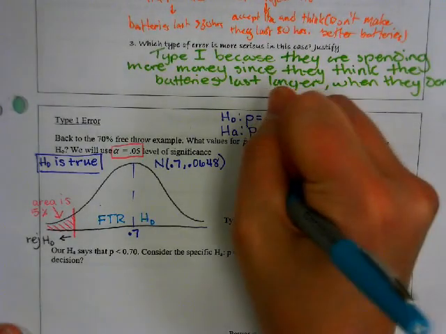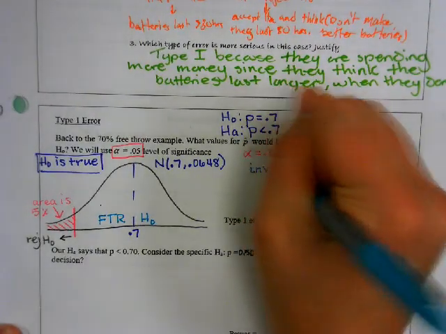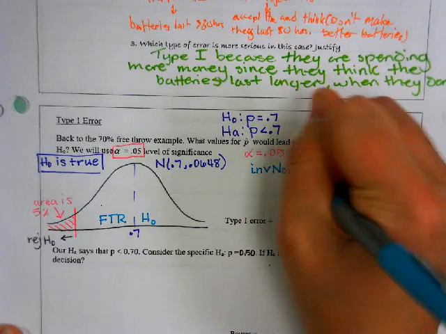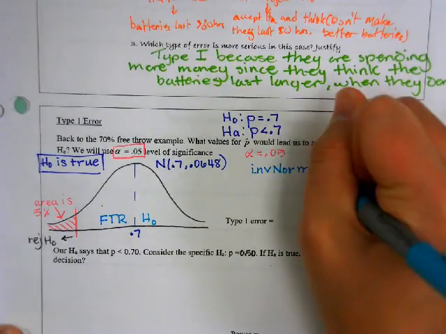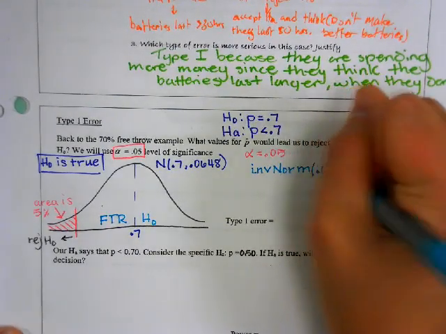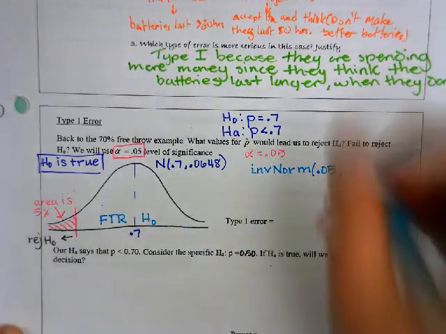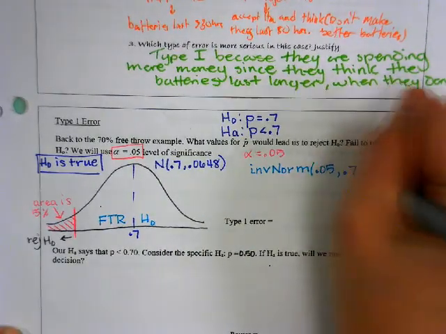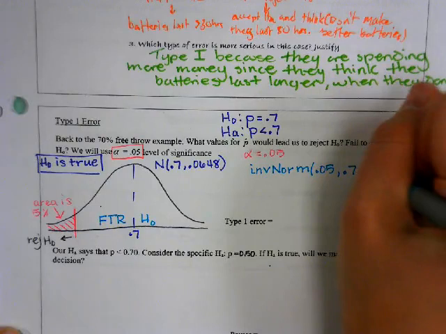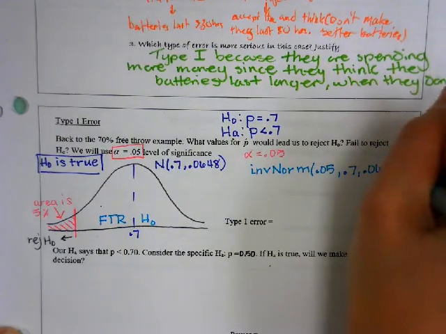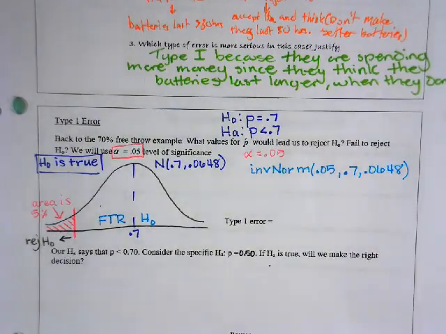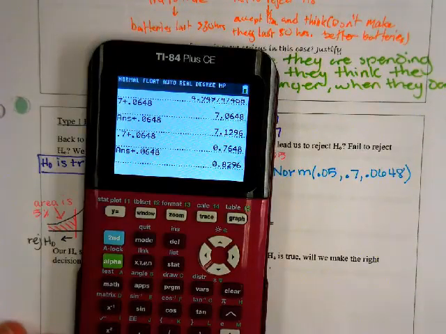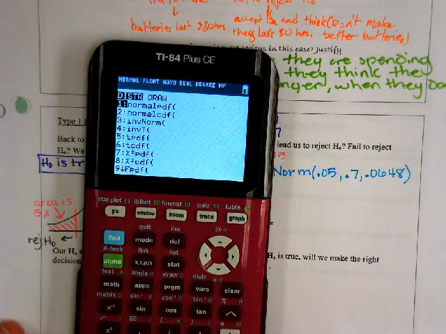Our mean is 0.7. And our standard deviation is 0.0648. So, second VARS, number 3, we want 0.05 for the area, 0.7 for the mean, and 0.0648 for our standard deviation.